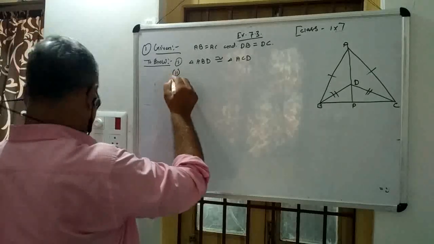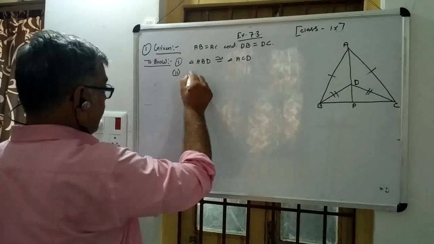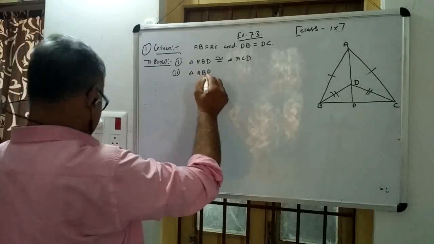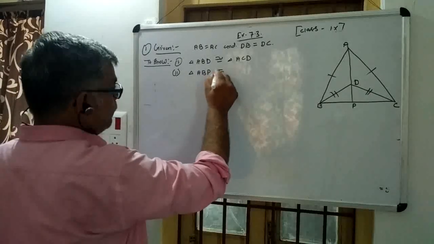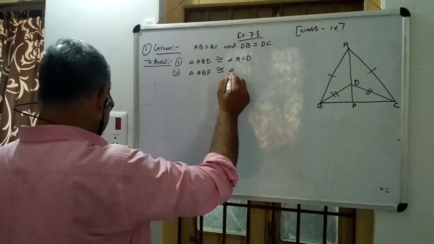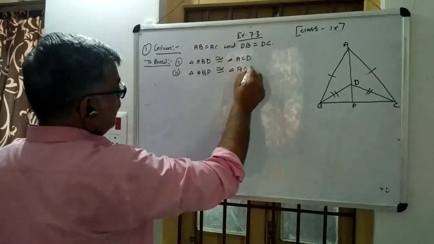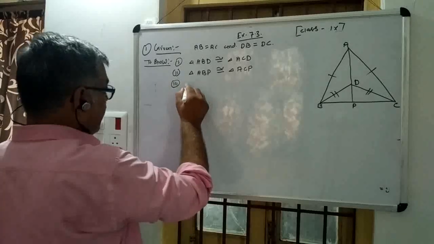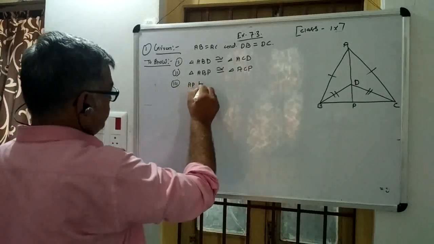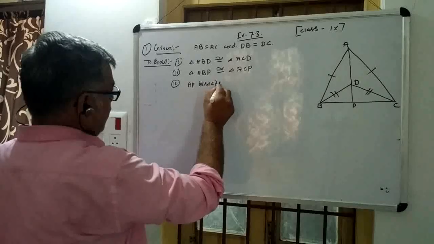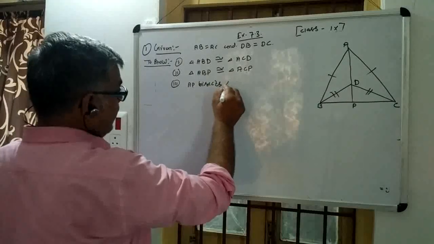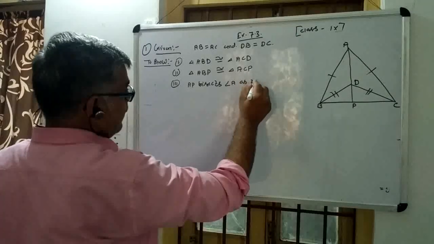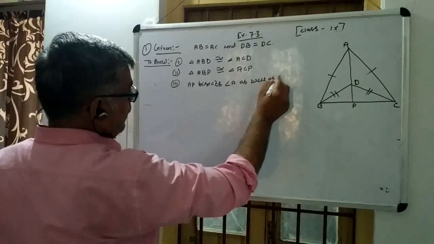Number 2, triangle ABP is congruent to triangle ACP. Number 3, AP bisects angle A as well as angle D.